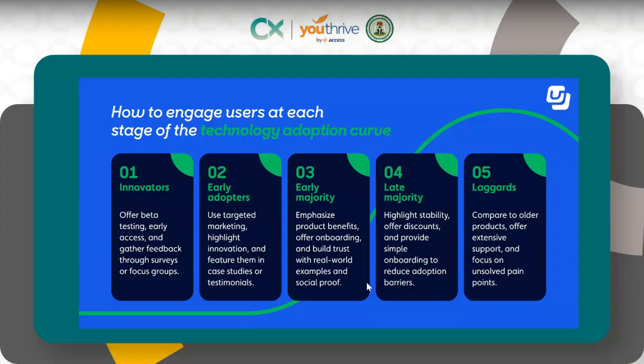For laggards, you need to compare your old product with the new, offer extensive support, and focus on solving pain points. Because these guys are accustomed to a particular process, you need to show that your new product solves a major pain point for them. If it does, you will see laggards transition into your product.